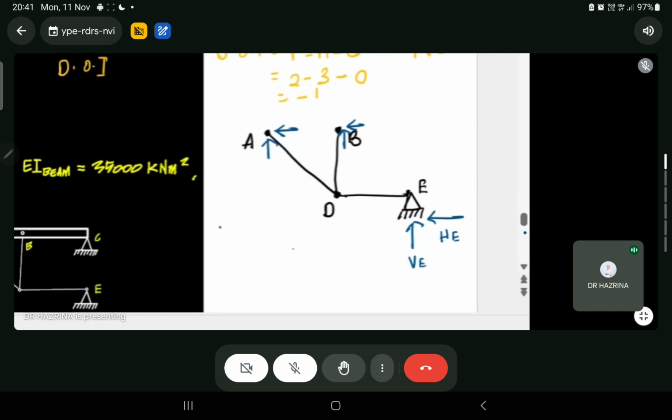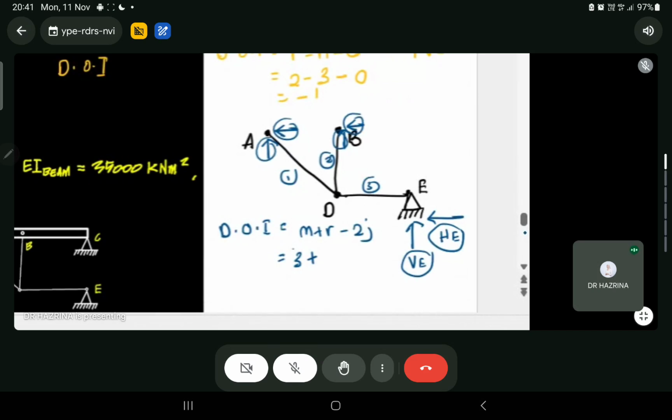So untuk DOI, degree of indeterminacy untuk your truss structure, in this case you ada how many members? Because you ada M campur R tolak 2J. So M ada berapa? M ada 1, okay, 2, 3. So you have 3 campur reaction. How many reactions do you have? You ada 1, 2, 3, 4, 5, 6.